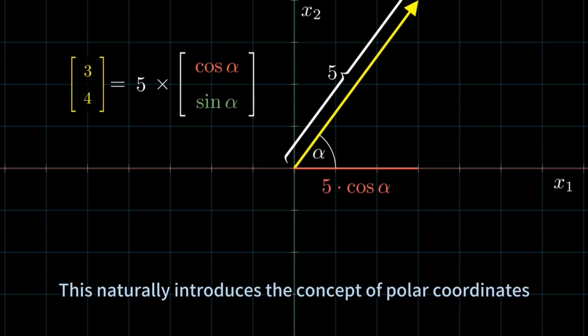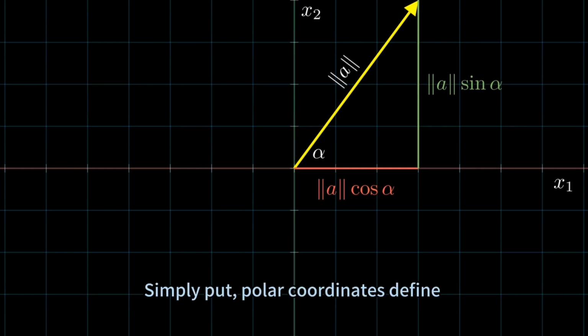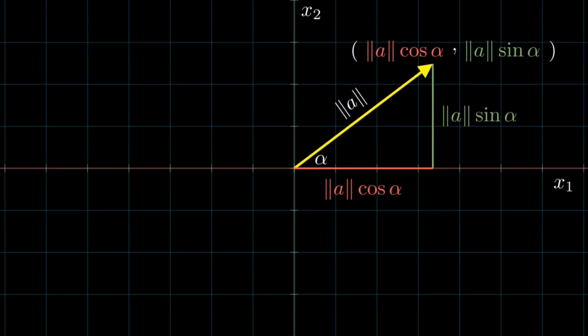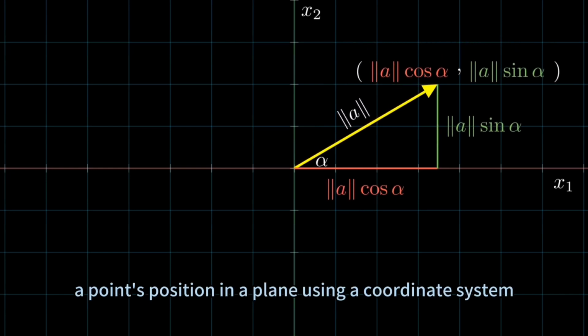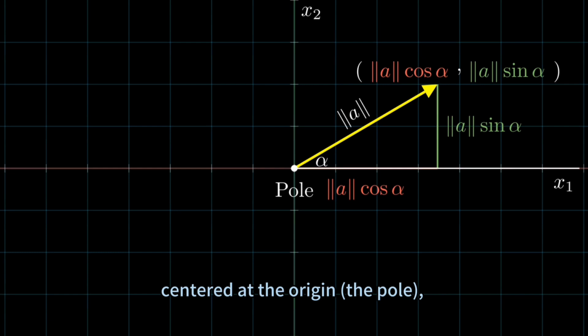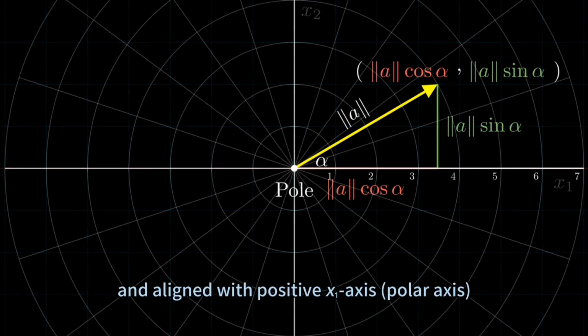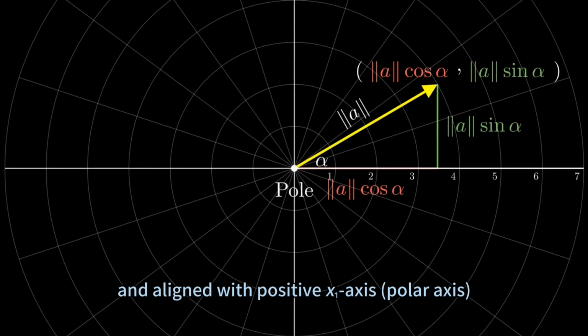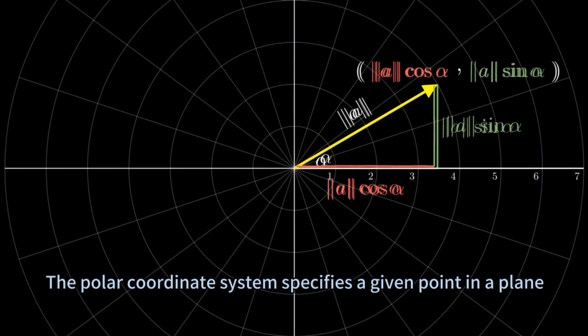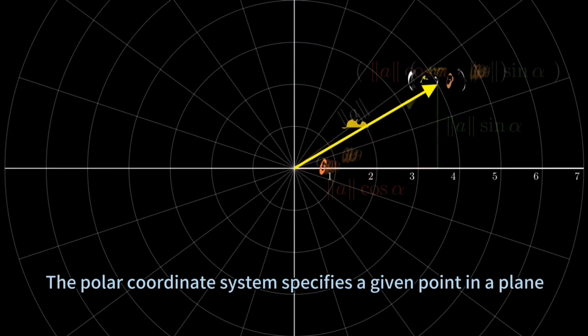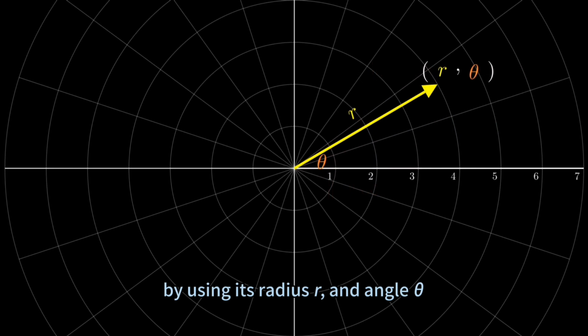This naturally introduces the concept of polar coordinates. Simply put, polar coordinates define a point's position in a plane using a coordinate system centered at the origin, the pole, and aligned with the positive x1 axis, the polar axis. The polar coordinate system specifies a given point in a plane by using its radius r and angle theta.